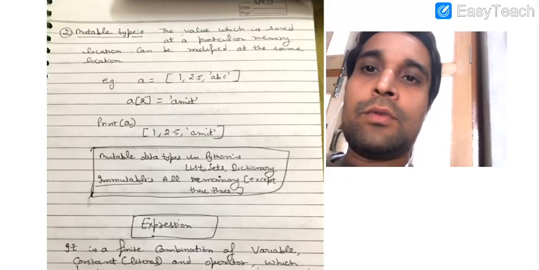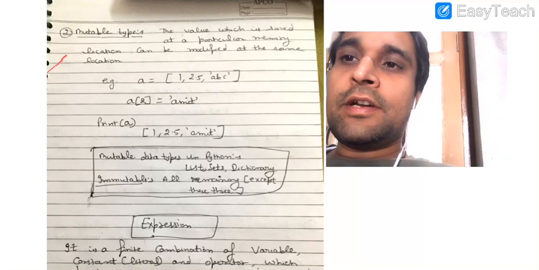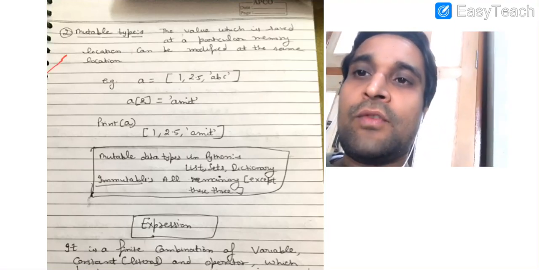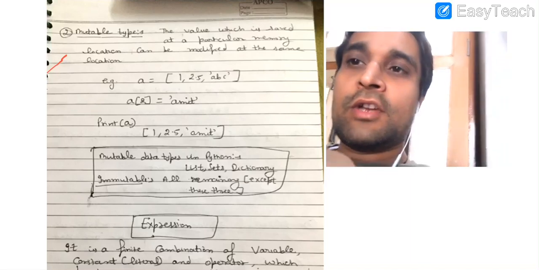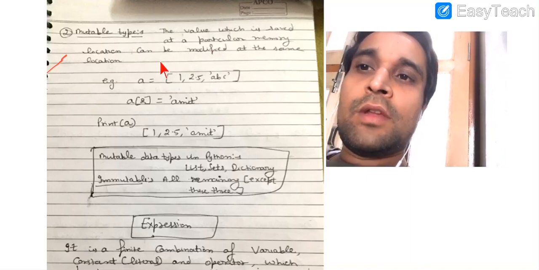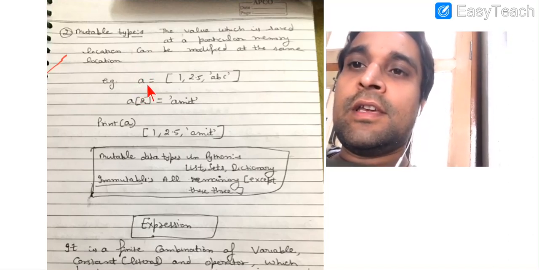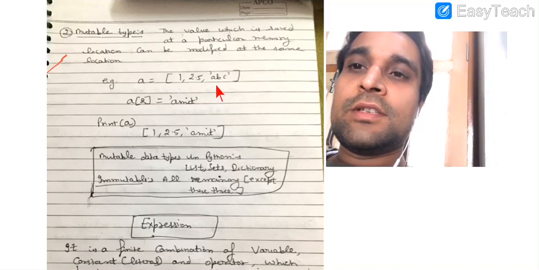Now we are going to discuss mutable data types. Mutable, I have already told you, means modifiable. It means at the same memory location the value can be modified or updated. Here in our example we have written a is equal to, in square brackets, 1, 2.5, 'abc' in single quotes.